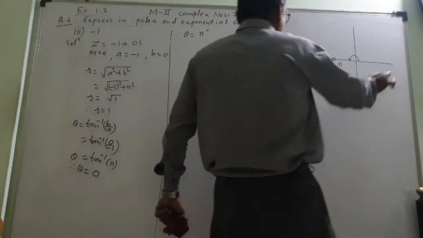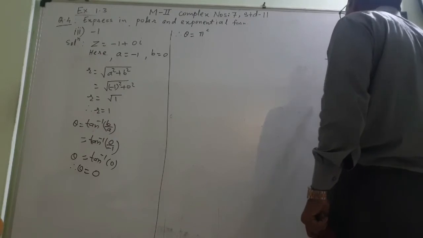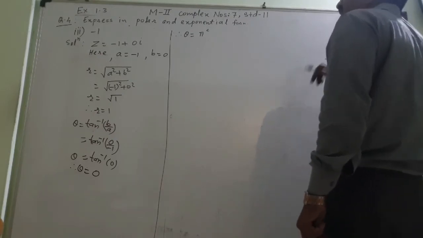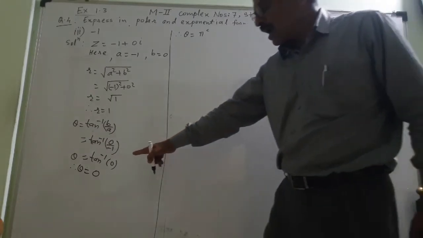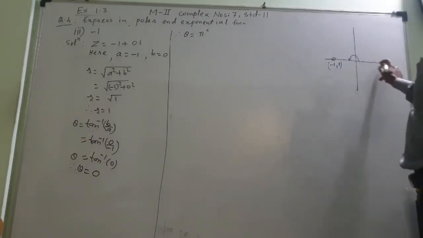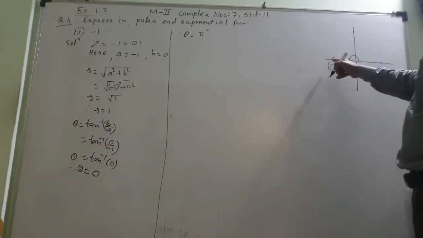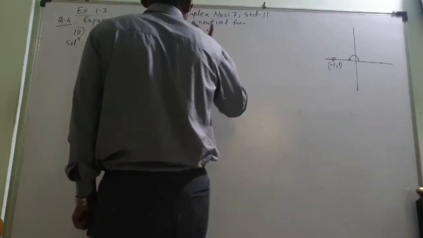So theta will be in this position. This is 180 degree. Don't forget this. Tan 0 is 0, and here is also tan 0, angle is 0. But my point is minus 1 comma 0. So it is here. So theta is equal to pi radian.